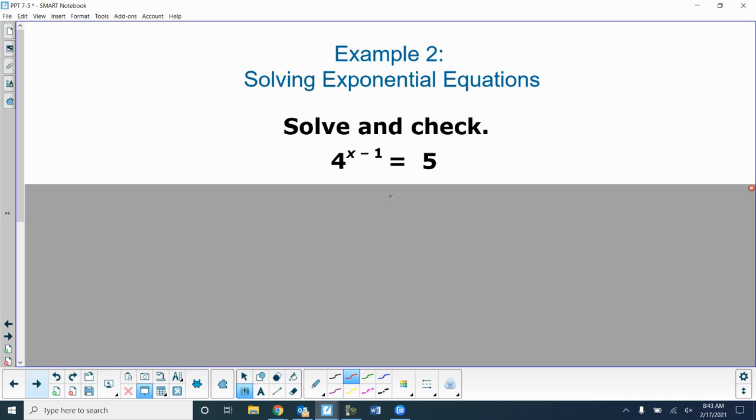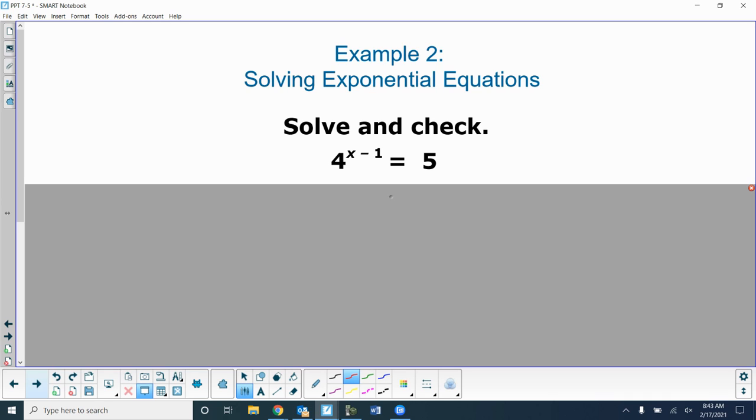All right? I can't write 4 and 5 with the same base. So what do I have to do to both sides? What was the second way I just showed you? Log both sides, right?